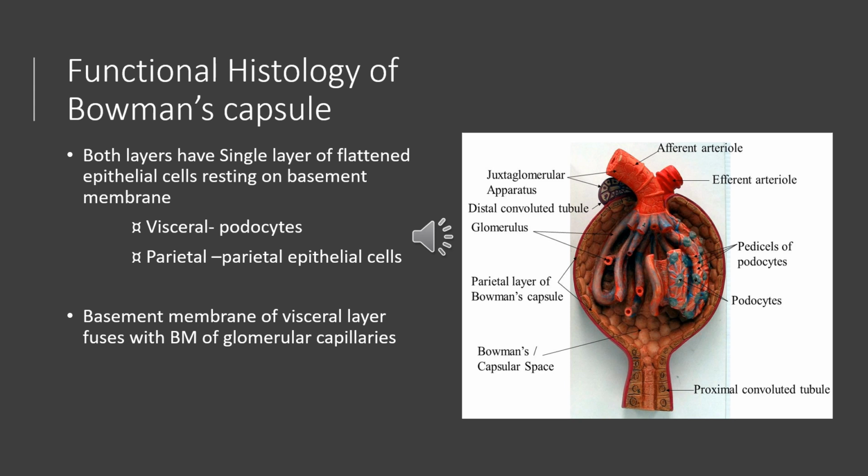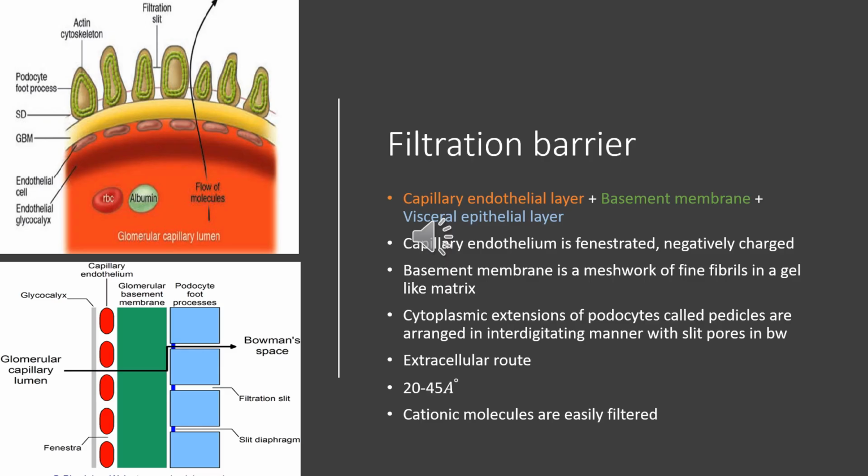So what happens is that the basement membrane of these glomerular capillaries fuses with the basement membrane of the visceral layer, and thus this fused basement membrane forms the separation between the glomerular capillary endothelium and the visceral epithelial layer. The capillary endothelial cells, basement membrane, and podocytes of the visceral epithelial layer together form the filtration barrier.